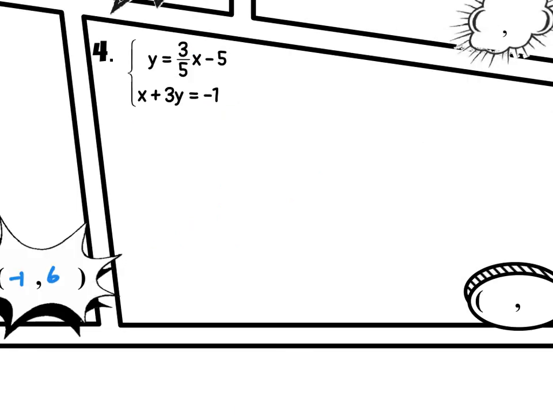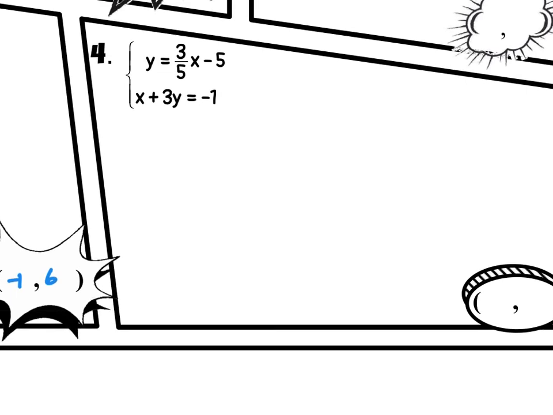For number 4, we have a situation we have to deal with. We have y equals 3x over 5 minus 5. Since I don't want to deal with the fraction, I'm going to multiply 5 on the right side. I'm going to multiply 5 on the left side.